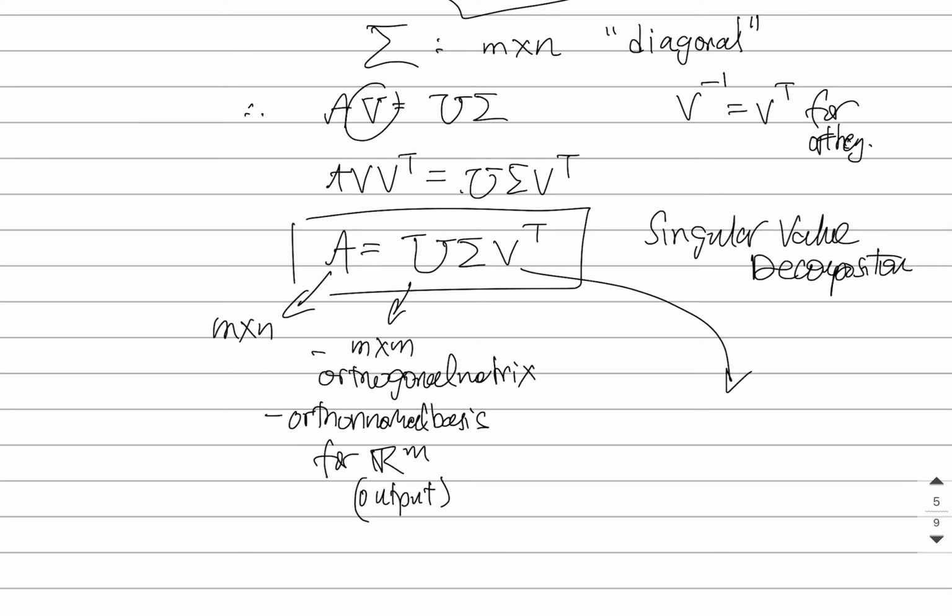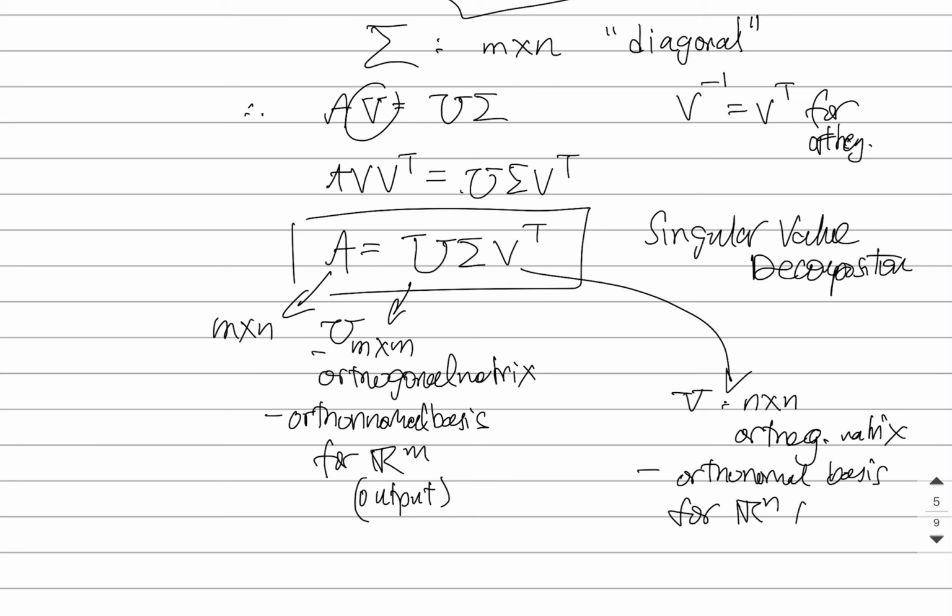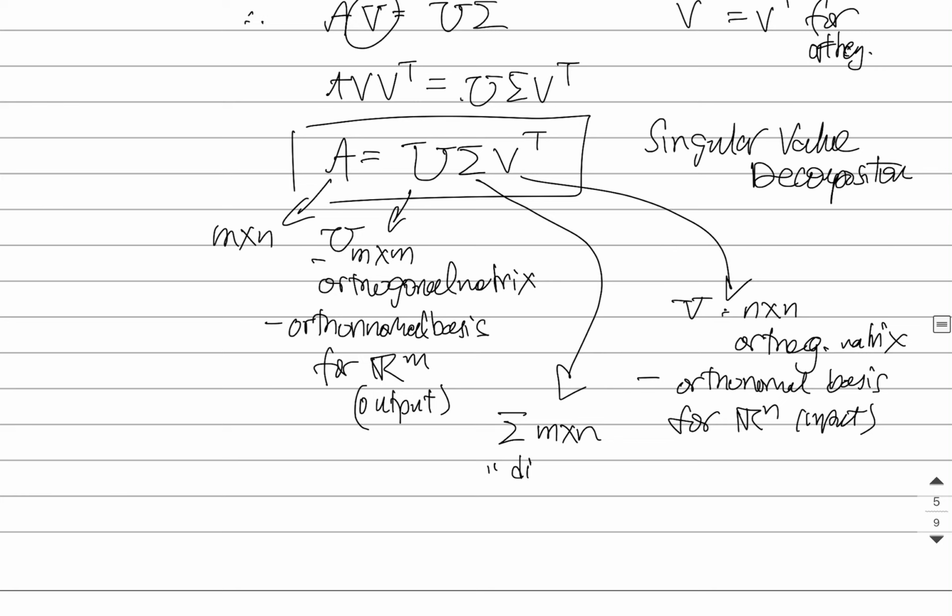V is an n by n orthogonal matrix. It holds an orthonormal basis for Rn, the input space. This thing sigma is another m by n, and I'll call it air quotes diagonal matrix. It holds the singular values.